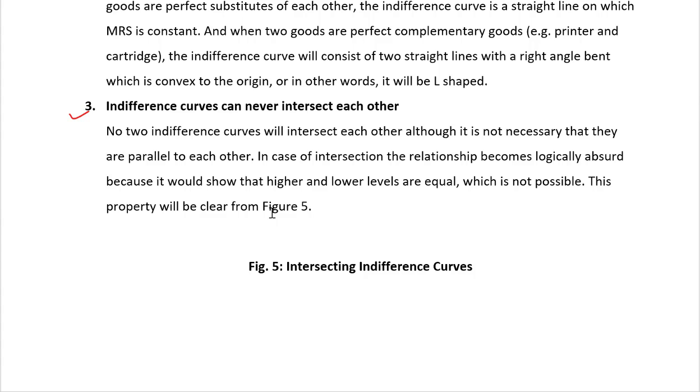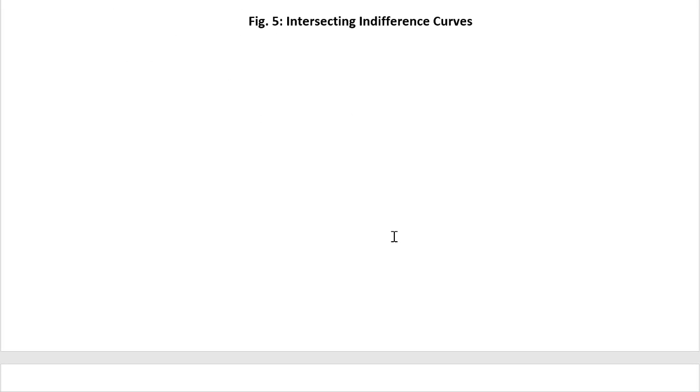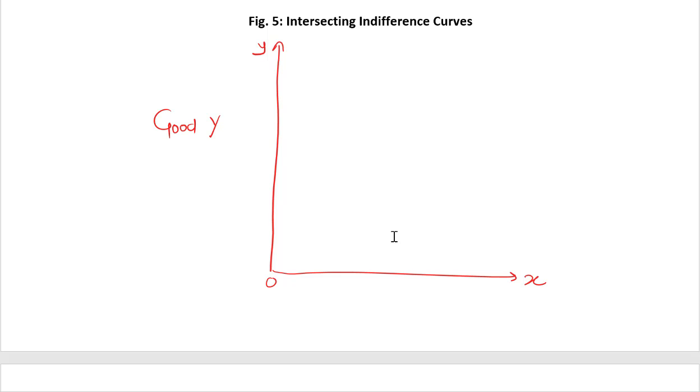IC curves can never intersect each other. The third point, IC curves never intersect each other. Just see in this diagram. I'm drawing the curve. You can draw along with me. X, origin, Y. Over here, on the y-axis we have shown good Y. On the x-axis we are showing good X. This is IC1.